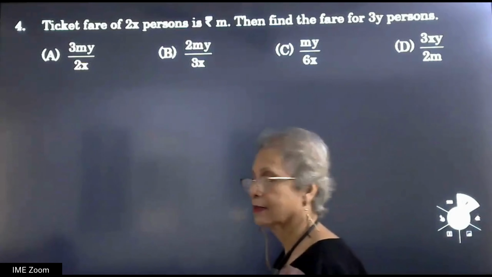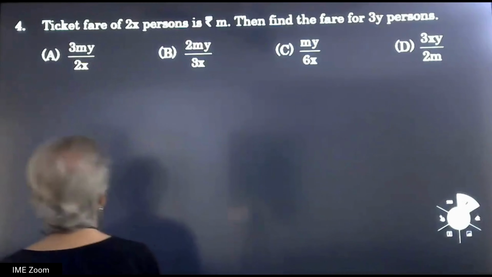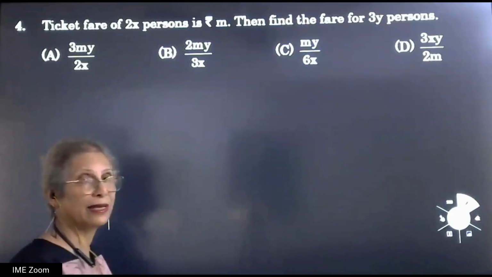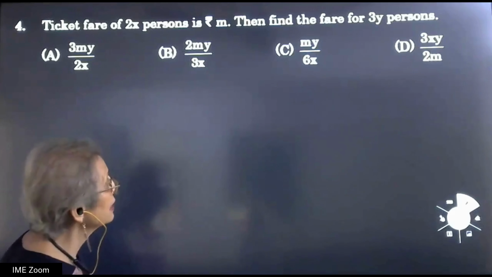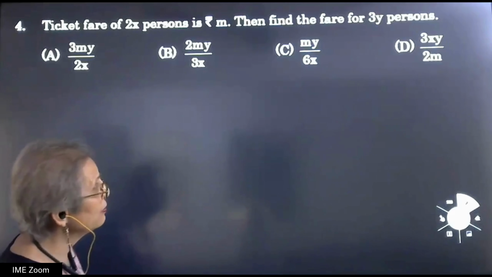Look here. Ticket fare for 2x persons is rupees M. Then find the fare for 3y persons. So what we have to do, first find the ticket fare of one person and then multiply it by 3y.